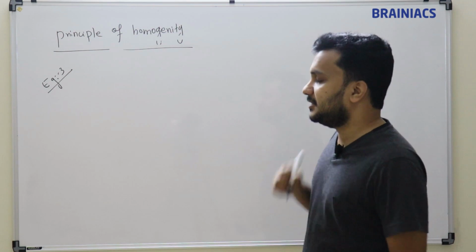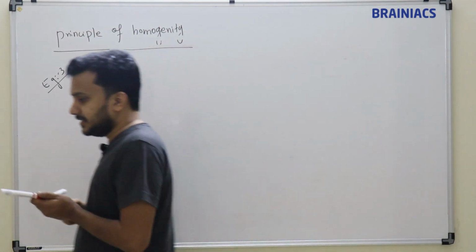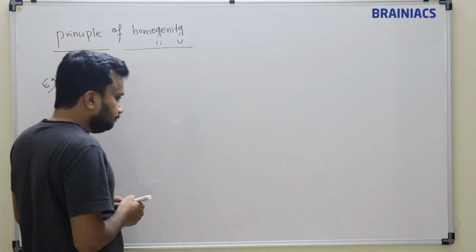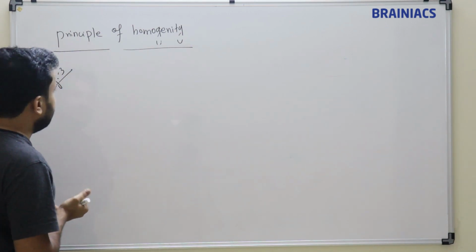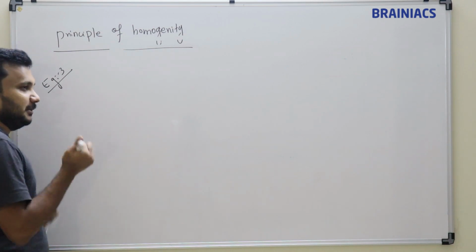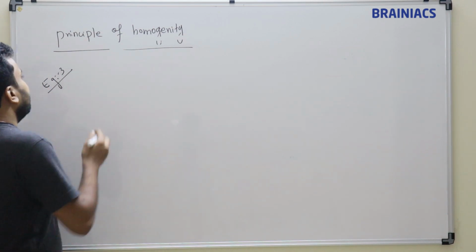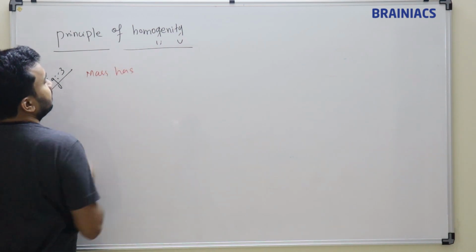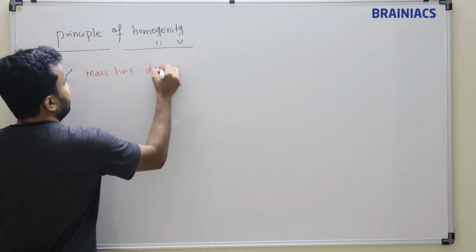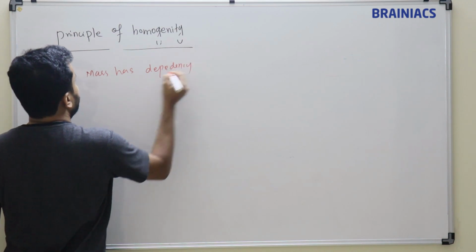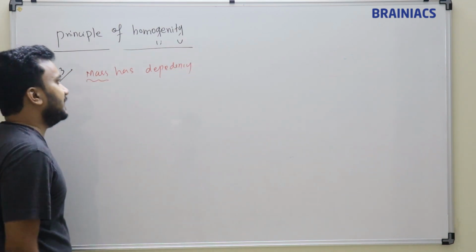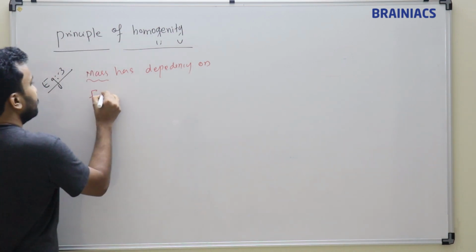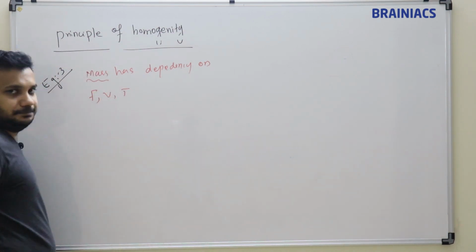What is example number 3 representing? One model of questions will come. For example, let me take an example. Mass has a dependency on force, velocity, and time.